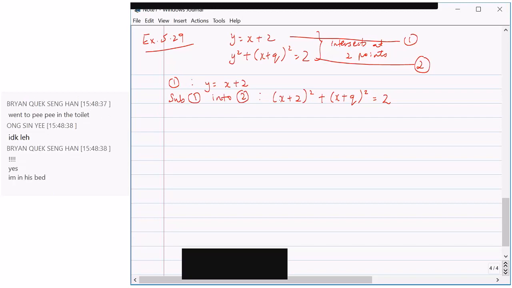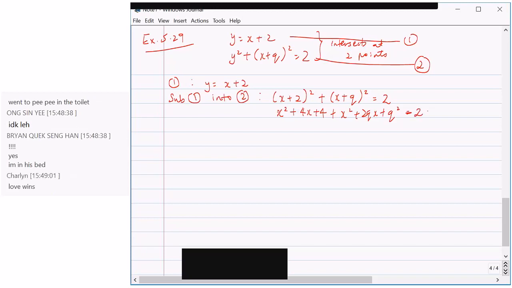Okay, let me expand. x squared plus 4x plus 4 plus x squared plus 2qx plus q squared equals 2. Let me bring the 2 over, so minus 2 equals 0. I expand everything and then push the 2 to the left hand side.